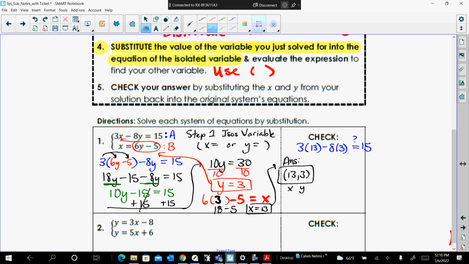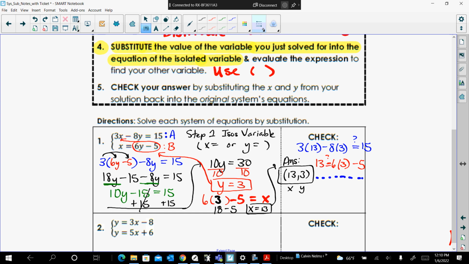Then I also do it for the second one, which will mean 6 times 3 minus 5, does it equal 13? Sorry.